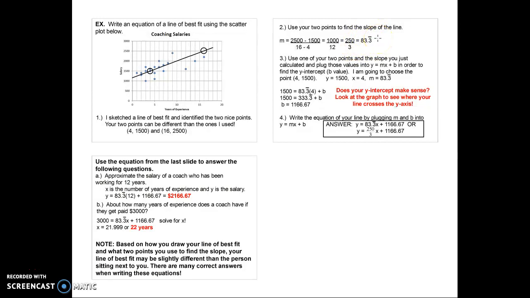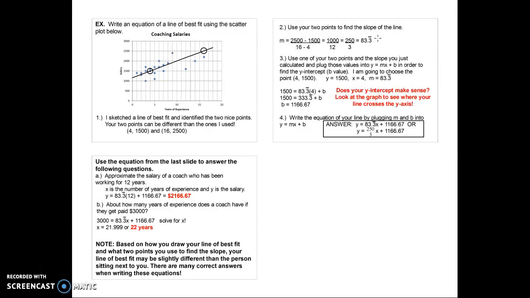Now, what's really important to remember with scatterplots is a lot of times your slope is not going to work out to be a nice value. Typically in the past, we've always kept our slope as a fraction for rise over run. For scatterplots, it is okay to change it to a decimal. This is really the only time that we are able to change our slope to a decimal form. Okay?